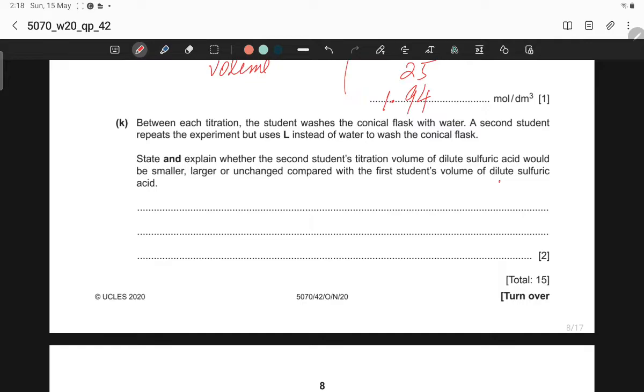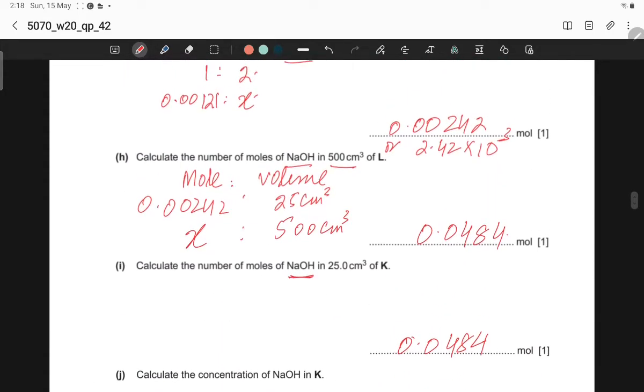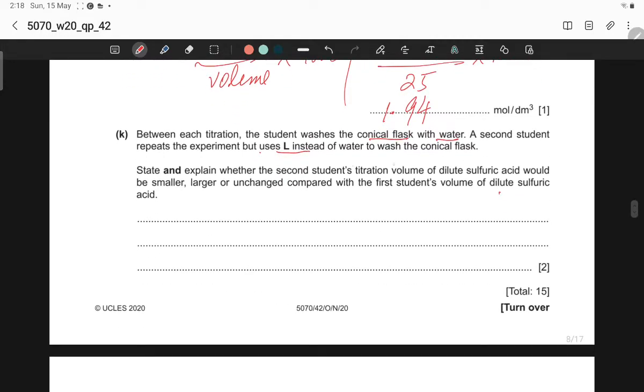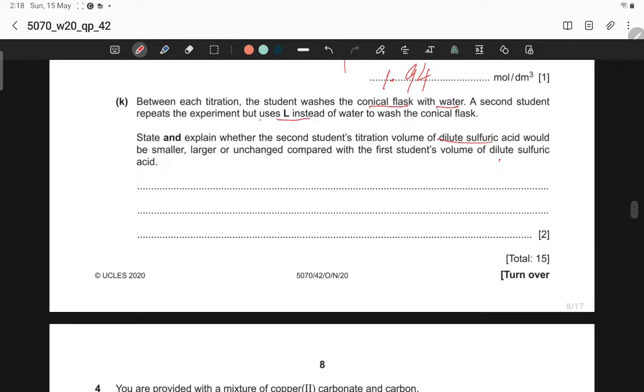Between each titration, the student washes the conical flask with water. A second student repeats the experiment but uses L instead of water to wash the conical flask. L is sodium hydroxide. State and explain whether the second student's titration volume of the dilute sulfuric acid would be larger, smaller or unchanged compared with the first student's volume of dilute sulfuric acid.